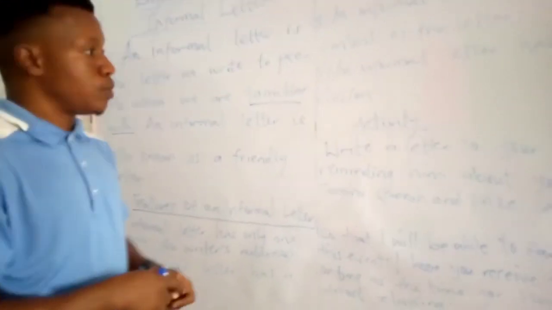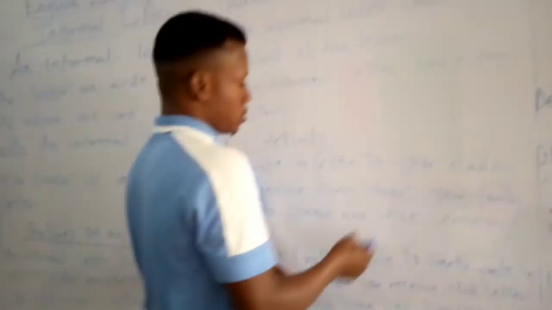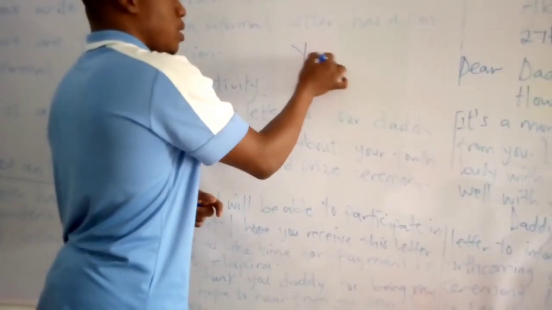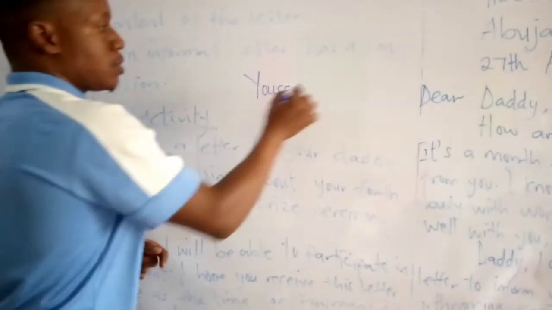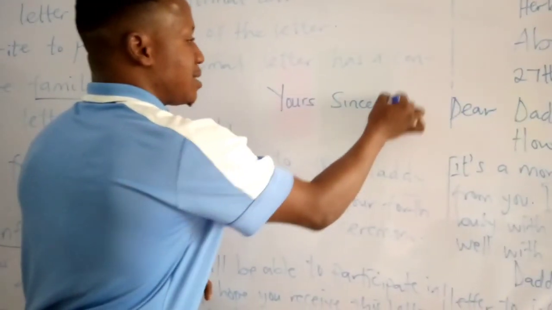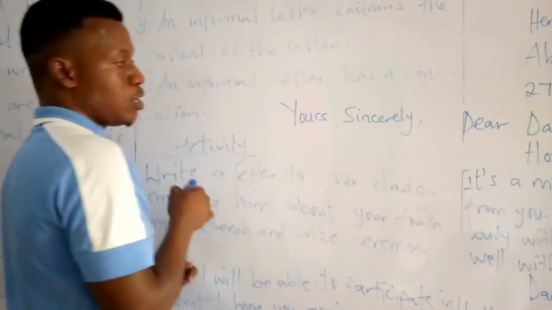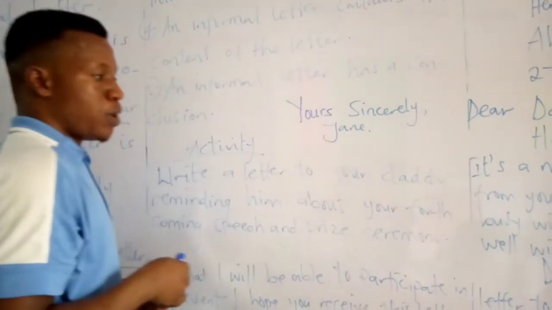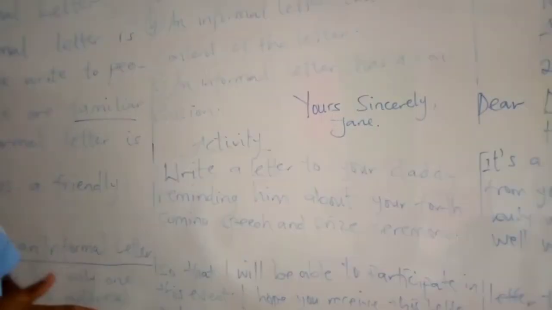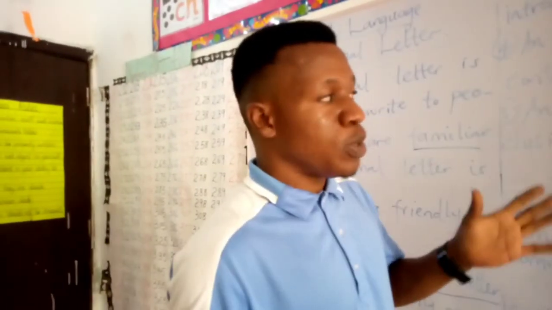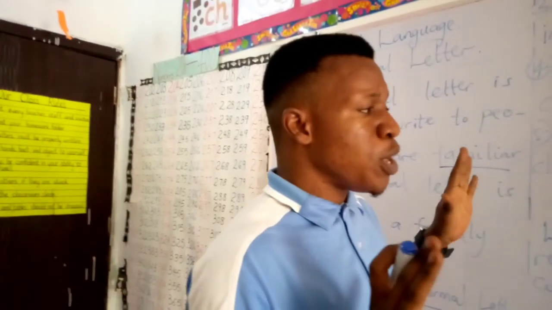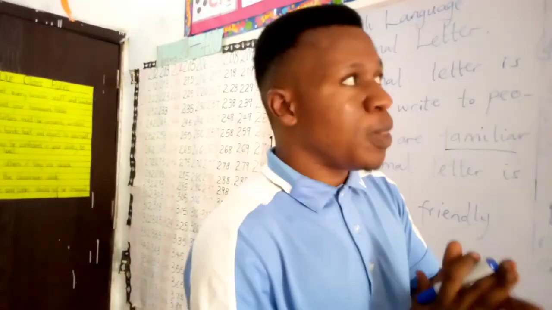So you write it this way: yours sincerely. Then Jane. Because Jane is a person that is writing the letter. So when Daddy reads this letter, Daddy knows the child that actually wrote the letter to him. So it's Jane. So these are how you go about when you're writing an informal letter.